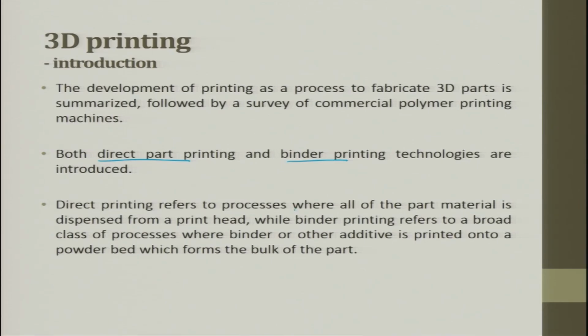So in direct part printing, all the part material is dispensed through a printing head. When we talk about binder printing, the building block is not dispensed, but the binder is dispensed, through which we try to develop a 3D part.